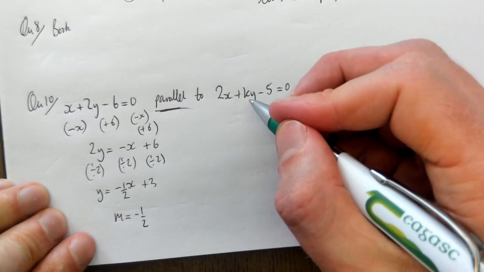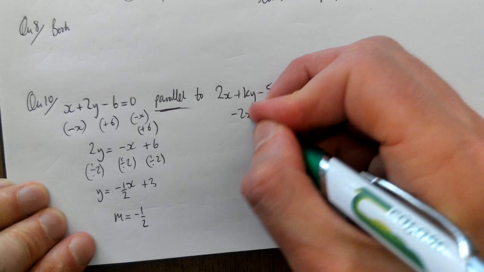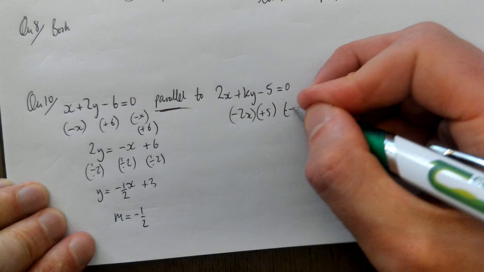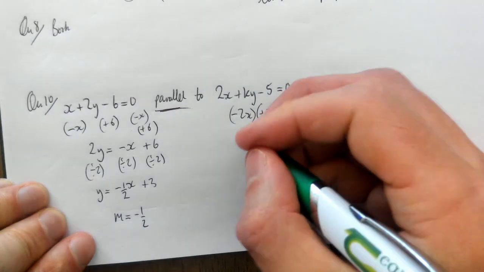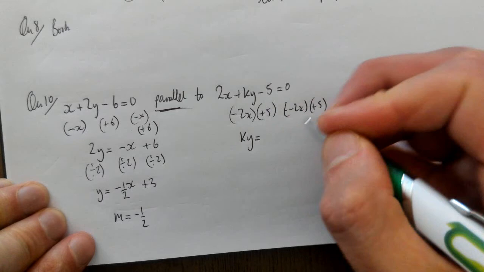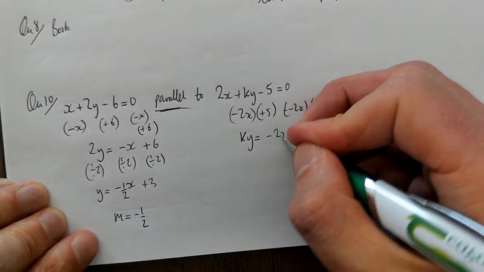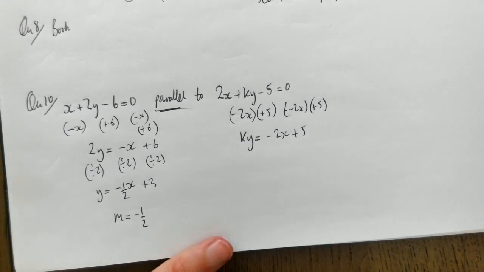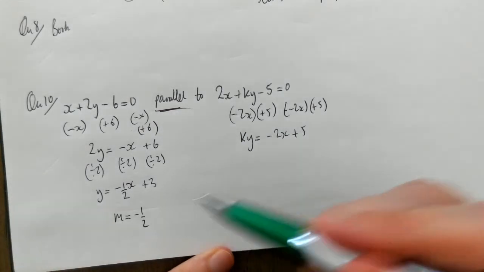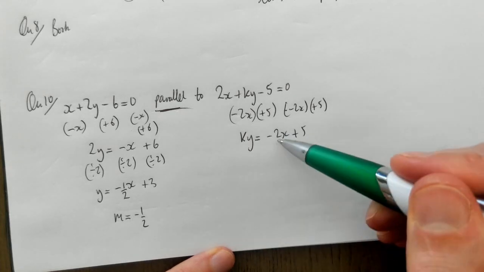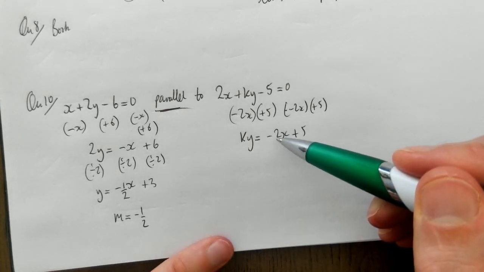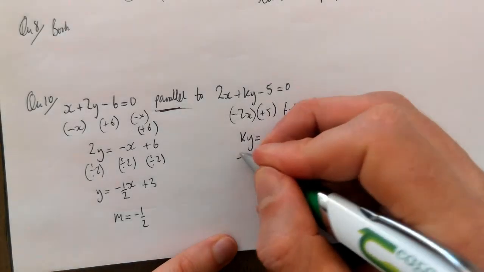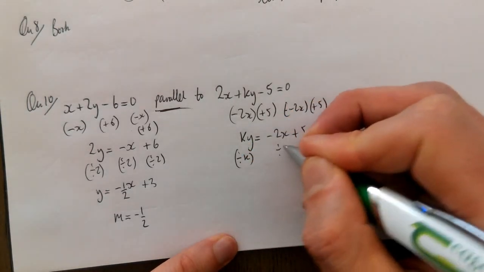Let's do the same for this one. Even though we've got k in it, I'm going to take away minus 2x and add 5 to both sides. So ky is equal to minus 2x plus 5. And then we've got to think, if they're parallel, this slope has to be minus a half as well. So k multiplied by y, I've got to divide by k throughout.